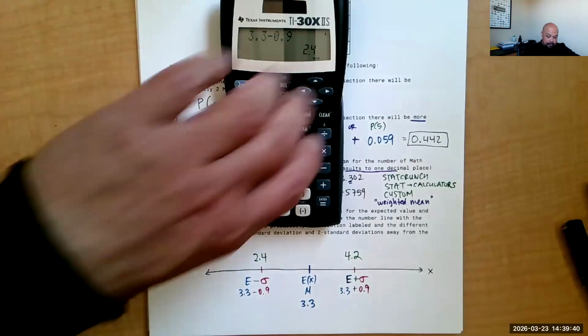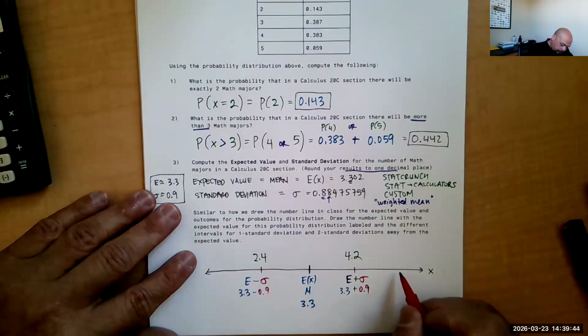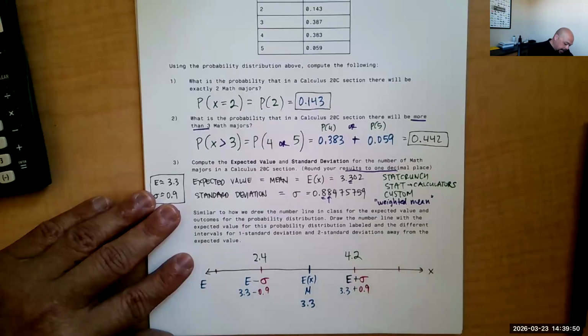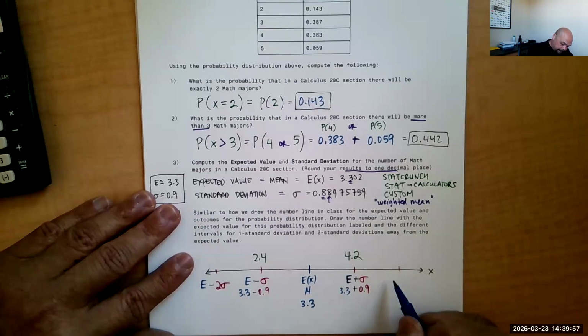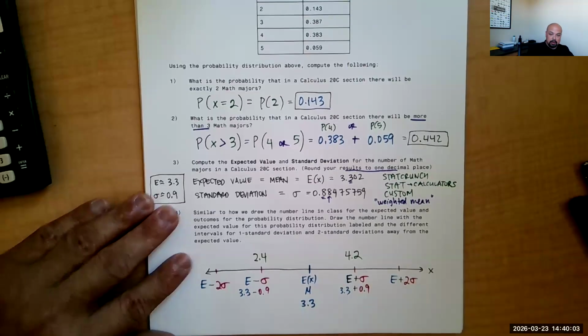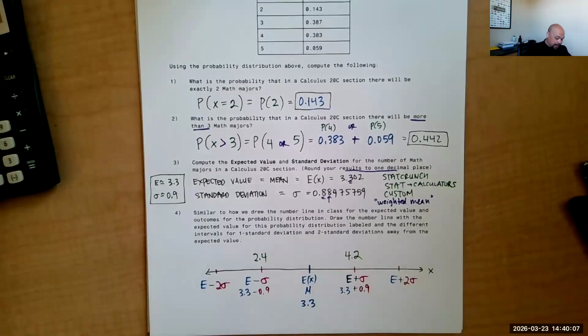Okay, then we can go another step out. We can take our expected value and subtract 2 of those standard deviations. Take that expected value and add 2 of those standard deviations, broadening it out, getting more of our data there.